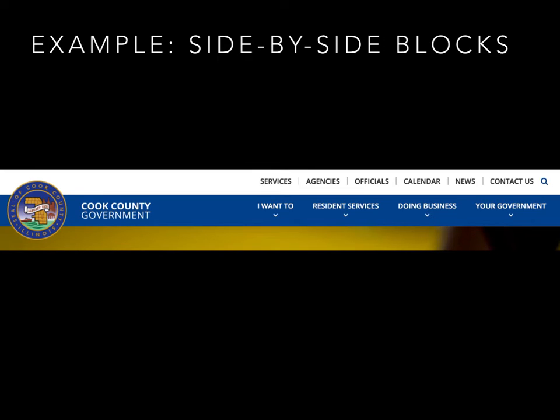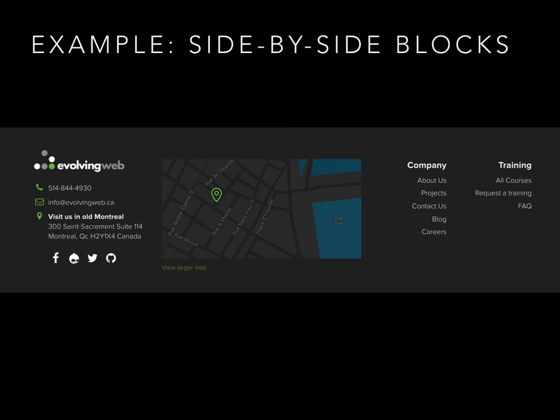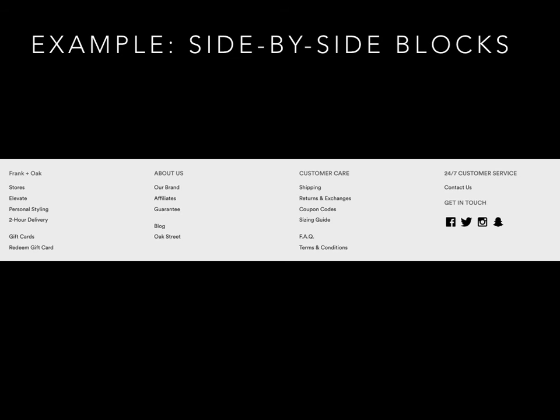So some examples of side-by-side blocks. Obviously in the header, we often have this type of design with the menu and the logo. In the footer, we often have different menus appearing in different columns or contact information. This would be a use case where you might want to use special menu items to break up the menu into columns.